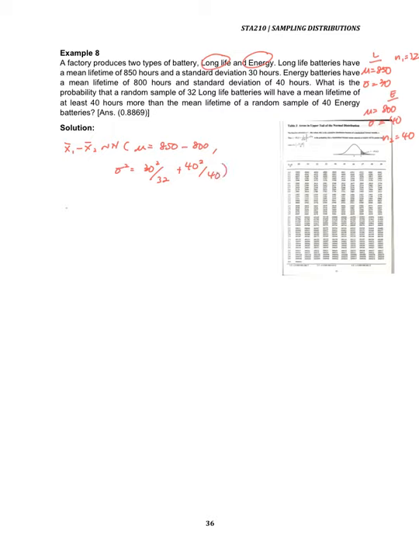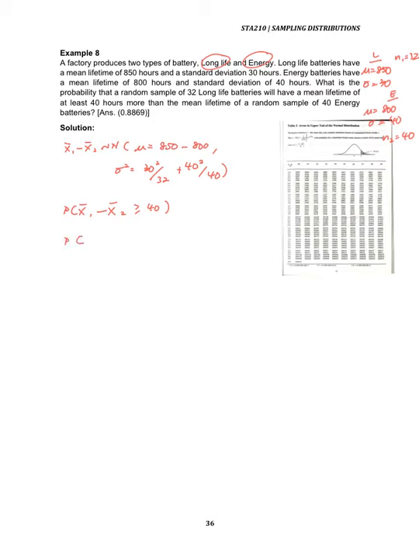We want to find the probability of x bar 1 minus x bar 2 at least 40 hours, greater or equal to 40.